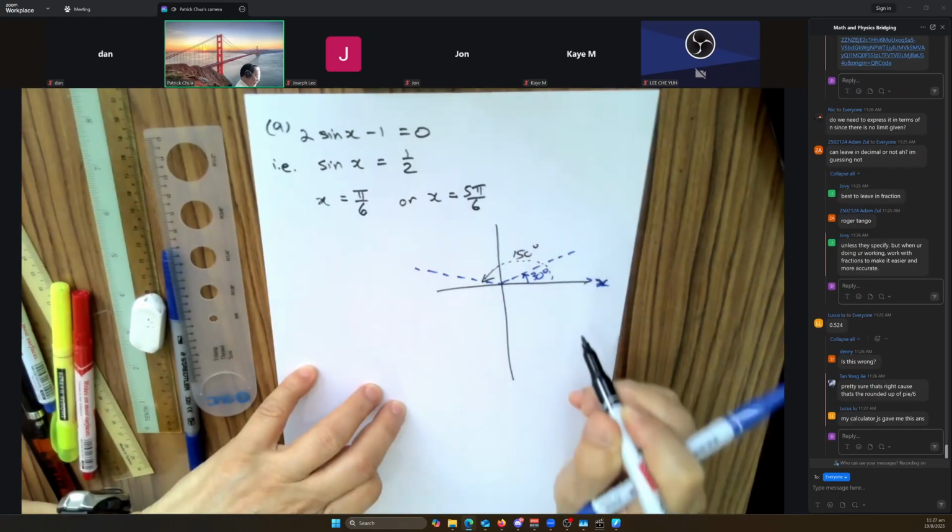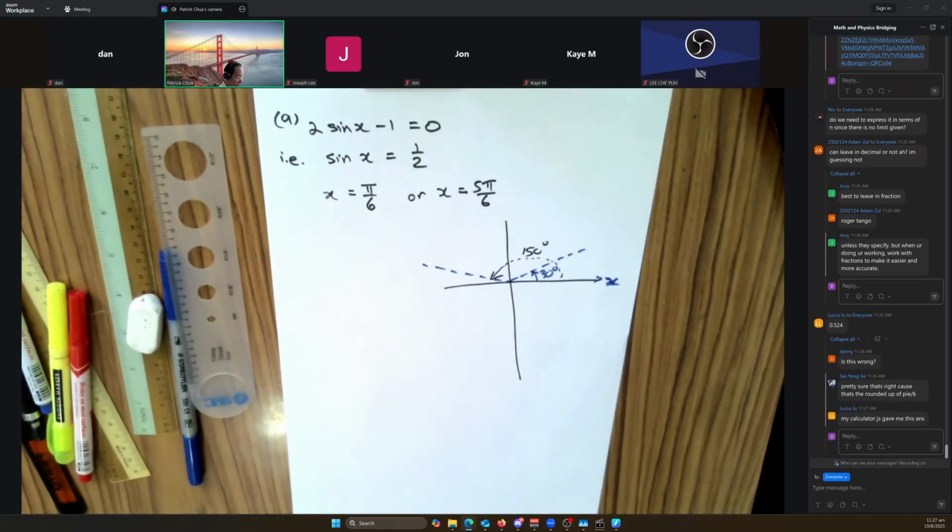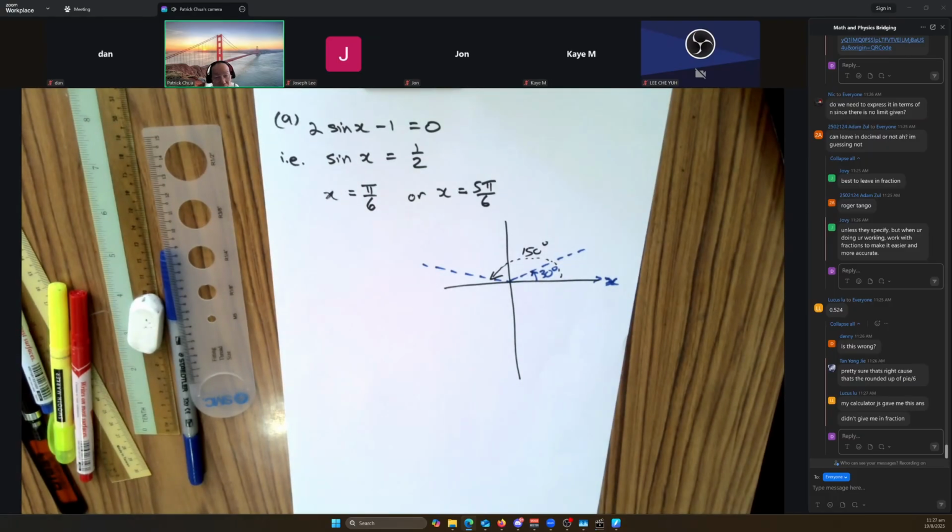So these are the two possible answers of x: either 30 degrees or 150 degrees, because x is pi over 6 or x is 5 pi over 6.